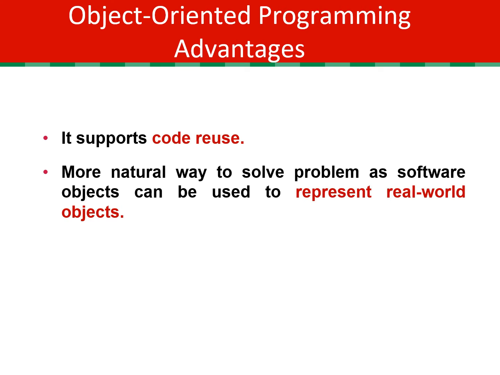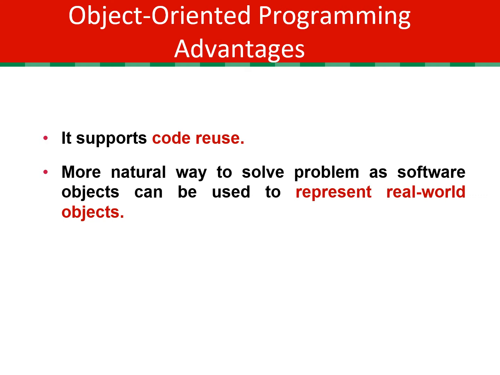So the advantage of object-oriented is that it allows code reuse. Why is that so? Because when you have objects, you have the methods and the data together, right? So you will have several classes. For example, you have a student class and a course class.